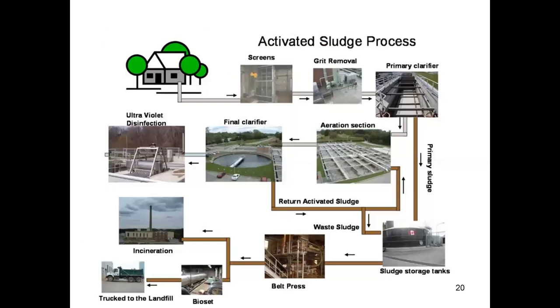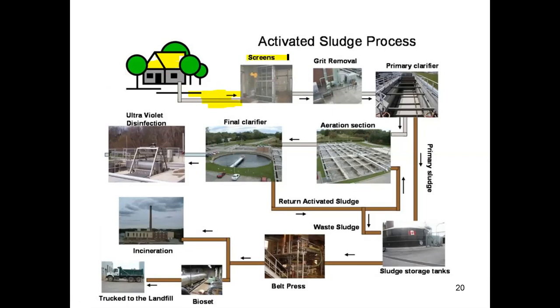You can see this diagram and try to understand what happened in this activated sludge wastewater treatment plant. So this is the influent for the wastewater treatment plant. The wastewater is coming from a domestic sector, or we can assume they are coming from industries also.